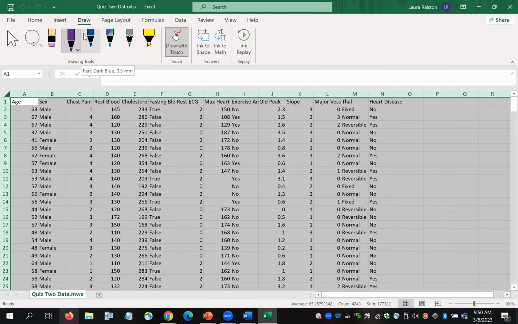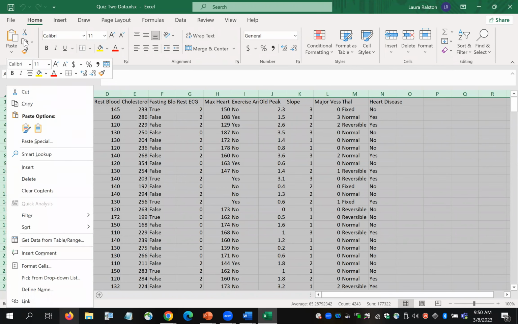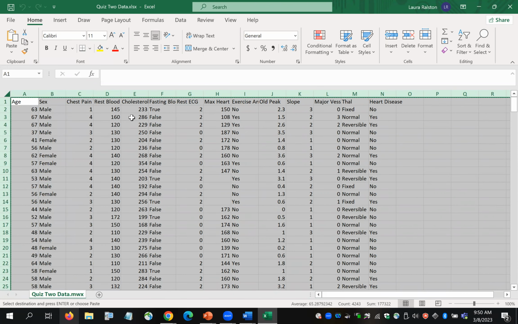So I've highlighted everything, and I'm going to go to copy. You can right click and copy, or you can go up to the toolbar at the top and tell it to copy. When I select copy, it puts little dancing ants all the way around my spreadsheet. So that lets me know that I've copied it.